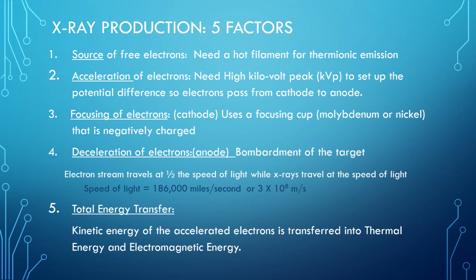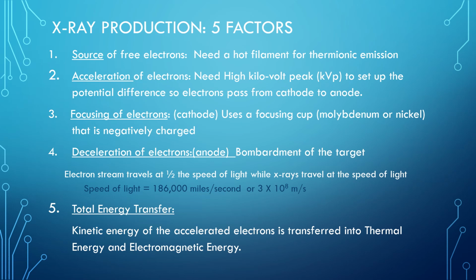This essentially relates to the energy of the X-rays. Focusing the electrons at the cathode is done by using a focusing cup made of molybdenum or nickel that is negatively charged, and it will help direct the electrons to the anode by repelling them and directing them in a certain direction.